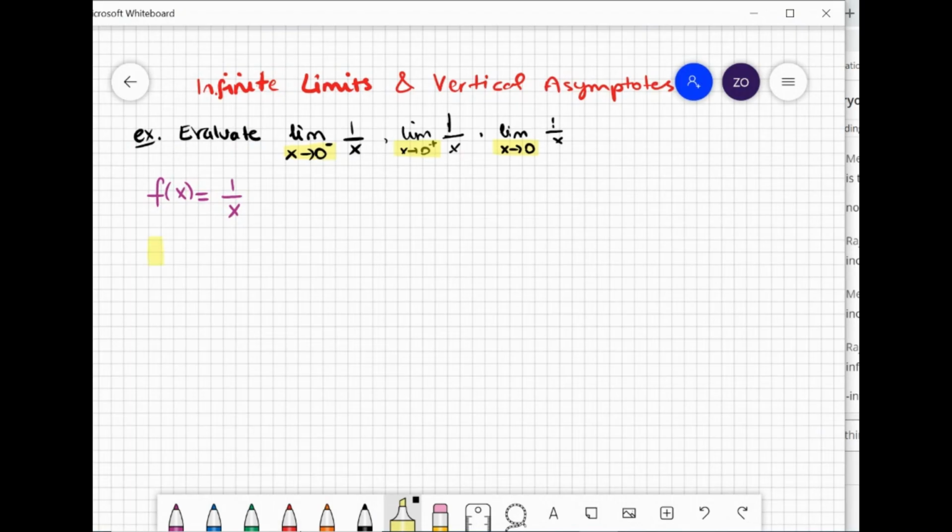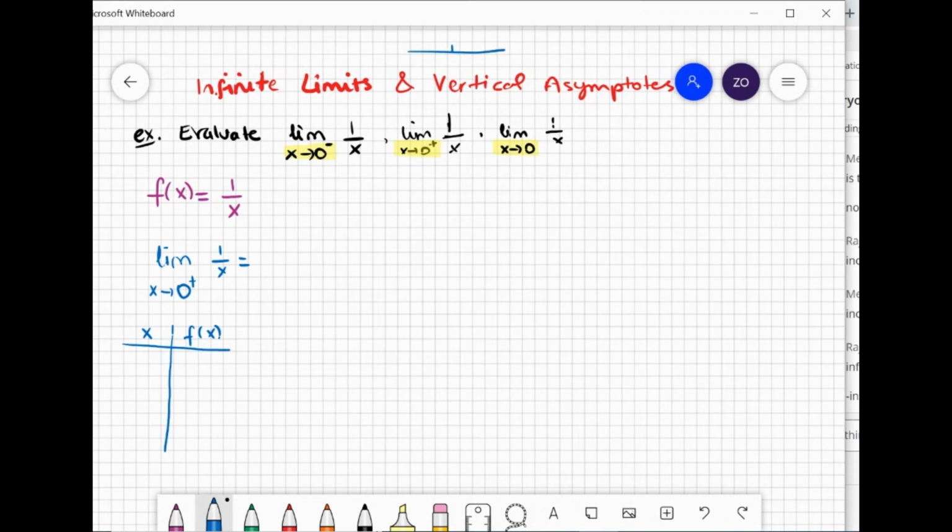Let's start with the limit as x approaches 0 from positive values, from the right side. You can still make a table of values. We already saw it graphically; now let's consider it numerically, with numbers.